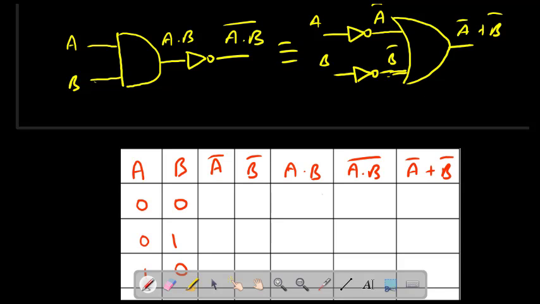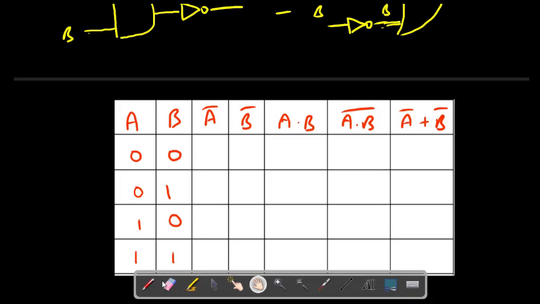So we have to verify this individually. Same procedure: complement of A, complement of B, A and B. A and B is high when both the inputs are high. So this is 0, this is 0, this is 0, last is 1 because these two are 1.